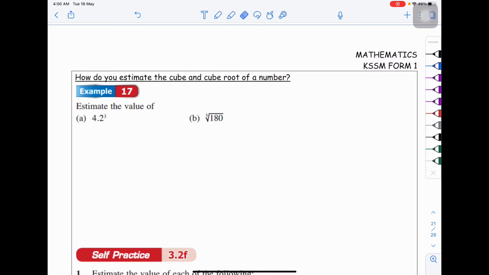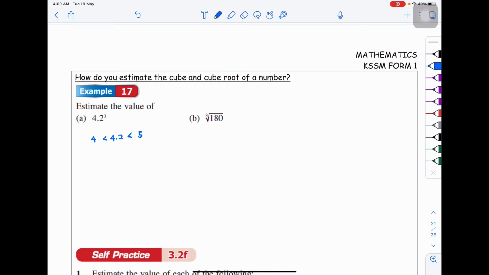So now we want to estimate the value of the given cube and the cube root of a number. Okay, let's do example 17a first. Let's estimate the value of 4.2 to the power of 3. We know that 4.2 is in between the numbers 4 and 5.